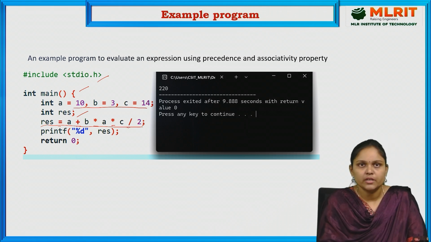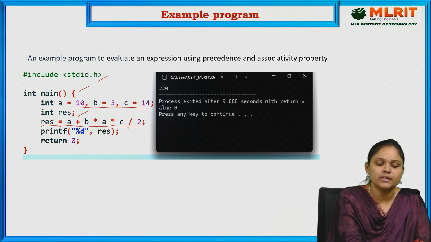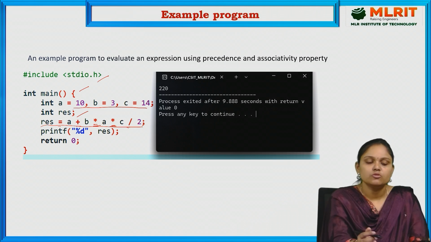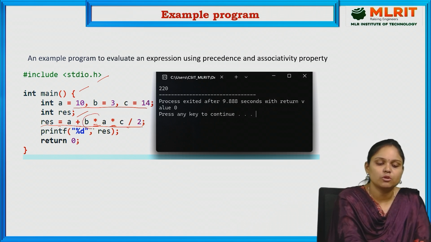The highest priority goes to the multiplication operator, and since we have two multiplication operators, we need to solve the left side first. The associativity property for multiplication is left to right, so we solve the left multiplication operator first.